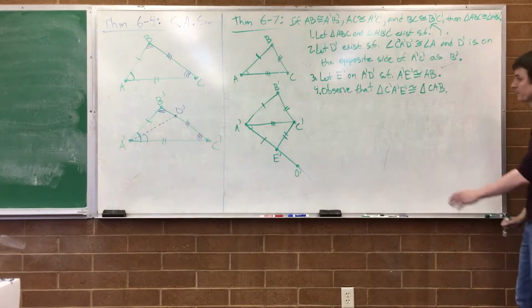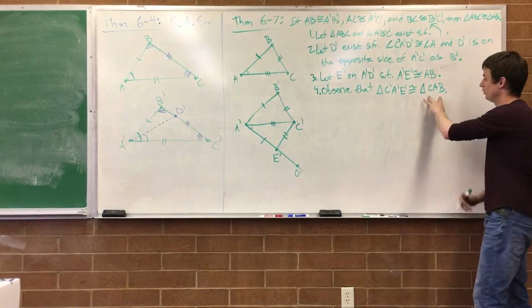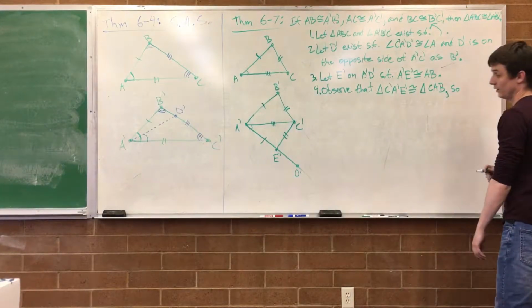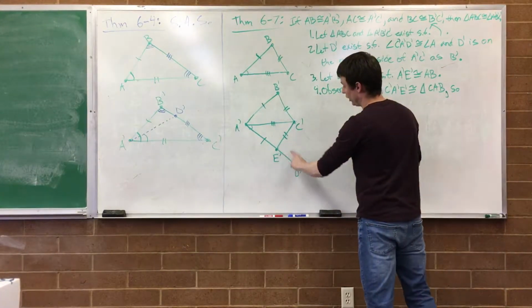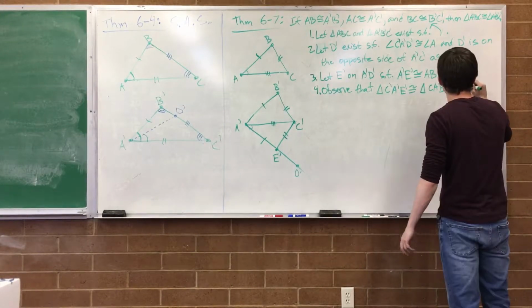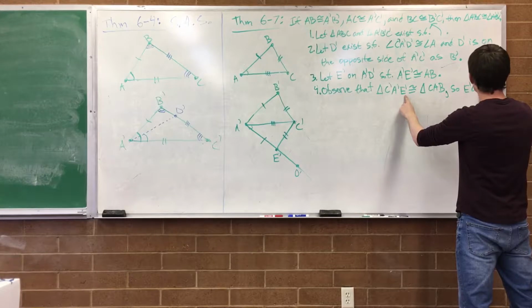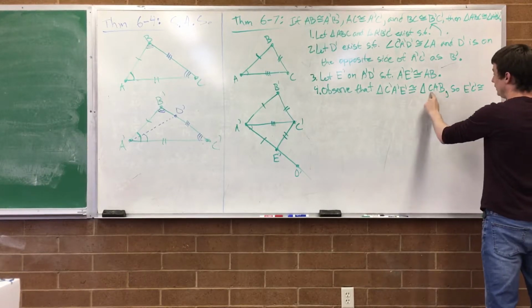All right. So observe that that triangle is congruent to that triangle, comma. So E prime C prime is congruent to BC.